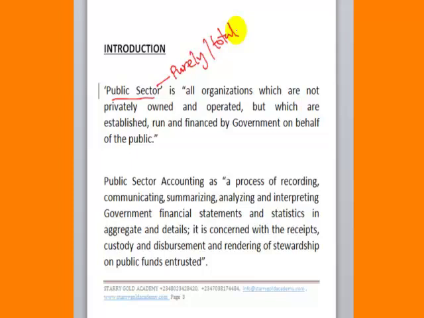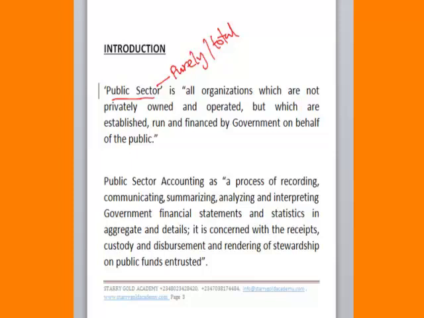So we're saying that public sector is all organizations which are not privately owned and not privately operated, that is, all organizations that are purely owned, controlled, managed and operated by the government of the country or the state on behalf of the public, in the interest of the citizens of the country.